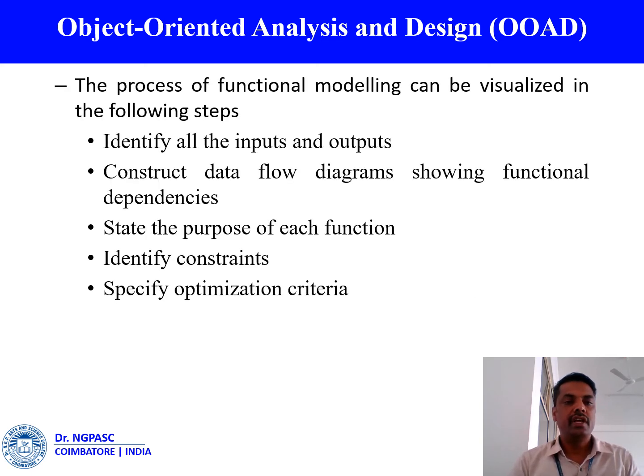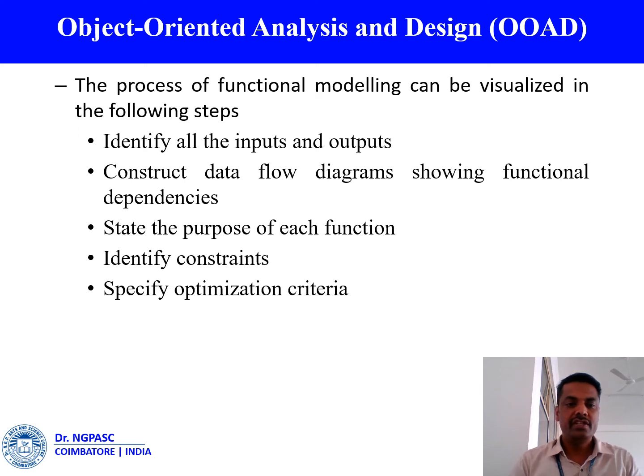The next one is the process of functional modeling, which can be visualized in the following steps. We have 5 steps here. The first is identifying all the inputs and outputs. The next is to construct the data flow diagrams showing functional dependencies.